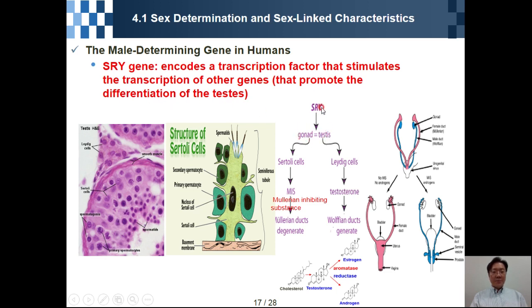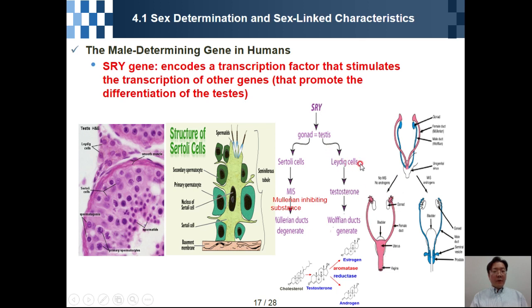So, for example, the SRY gene makes the Sertoli cell secrete MIS. MIS means the Mullerian inhibiting substance. After that, the Mullerian duct degenerates. So this is the Mullerian duct. Usually the Mullerian duct makes the ovary.